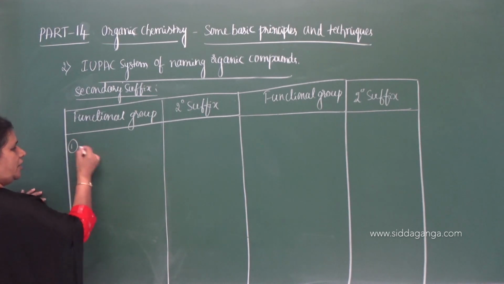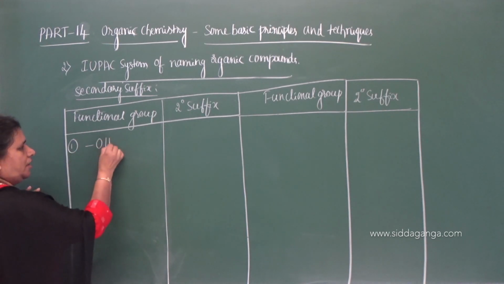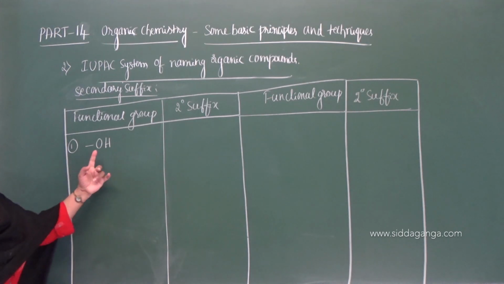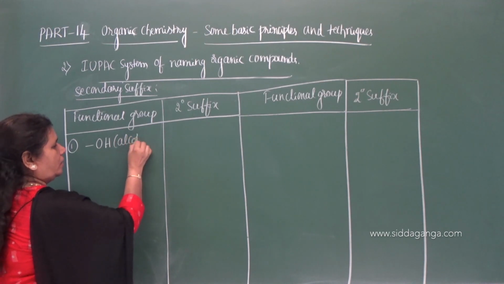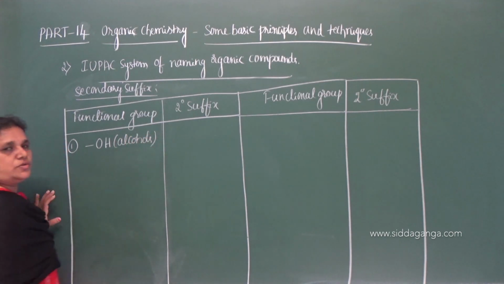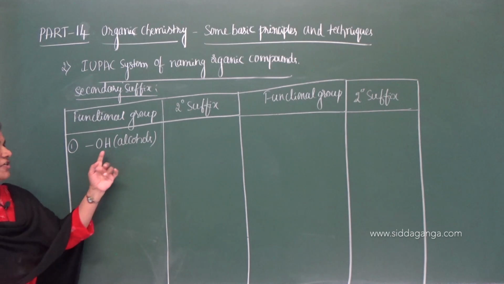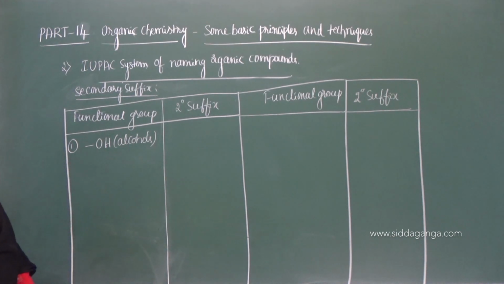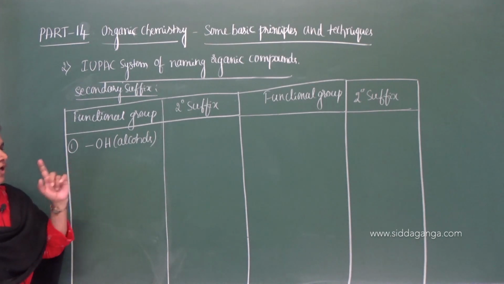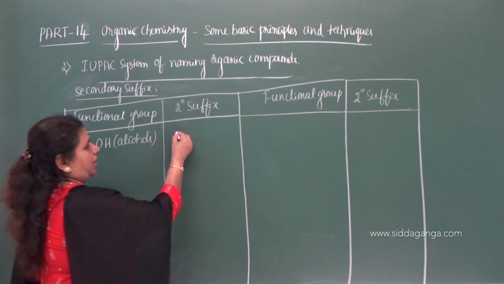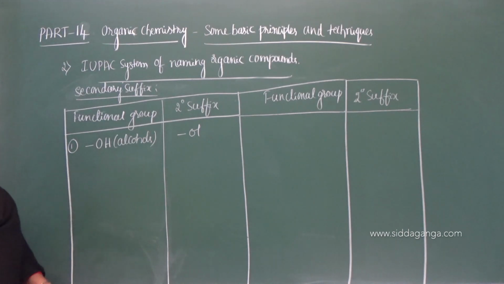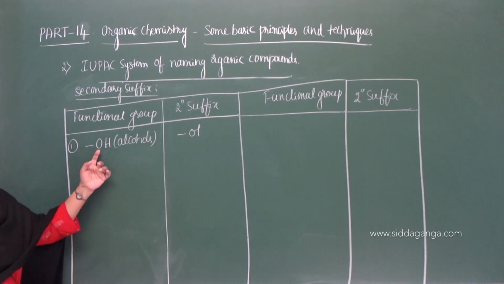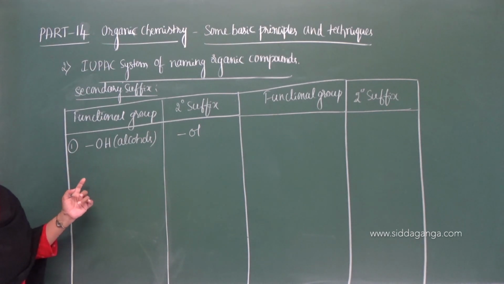The first functional group will be OH. You know that it is hydroxyl and it belongs to alcohols. That's the functional group of alcohols. What is the secondary suffix if the OH group is present? So, you have to write the secondary suffix OL. OL is the secondary suffix if the alcoholic group is present.